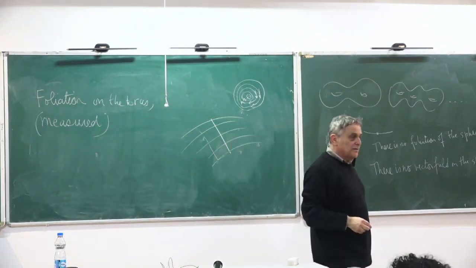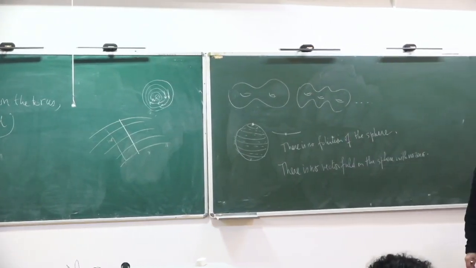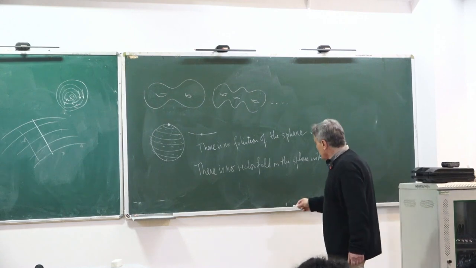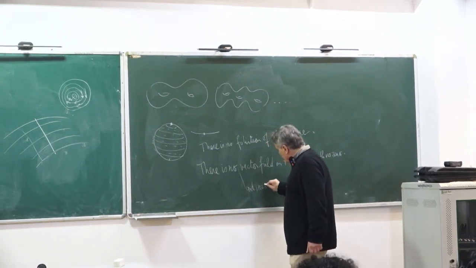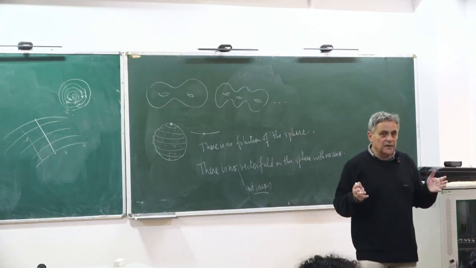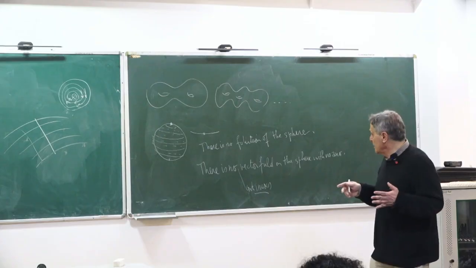Yes, when I say vector field, I say continuous vector field. A foliation is a vector field where you forget about the length and the orientation.